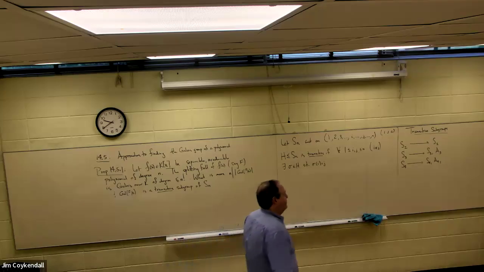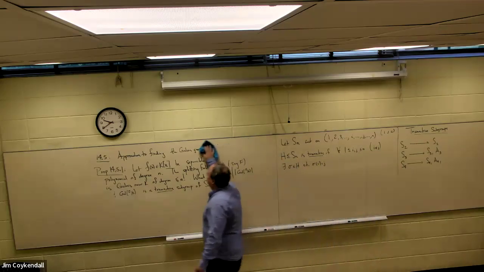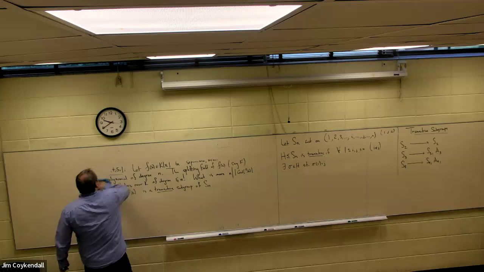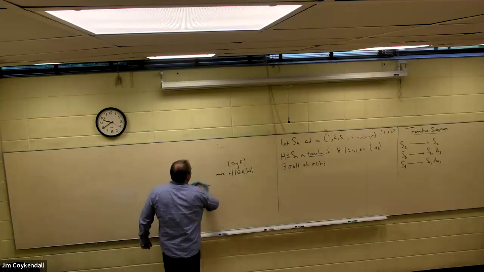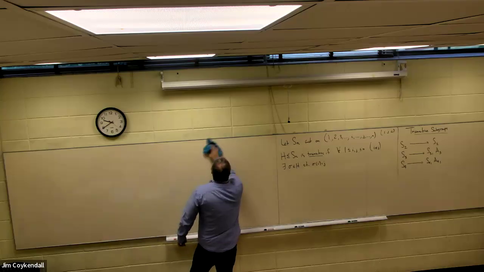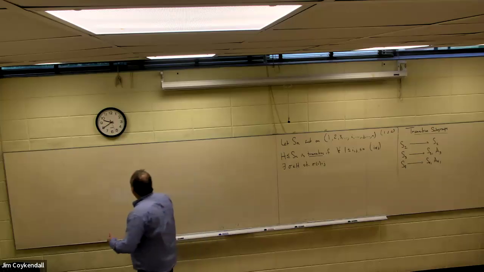Let me point out that any subgroup of S_N that contains an N-cycle is automatically a transitive subgroup. Why is this the case?